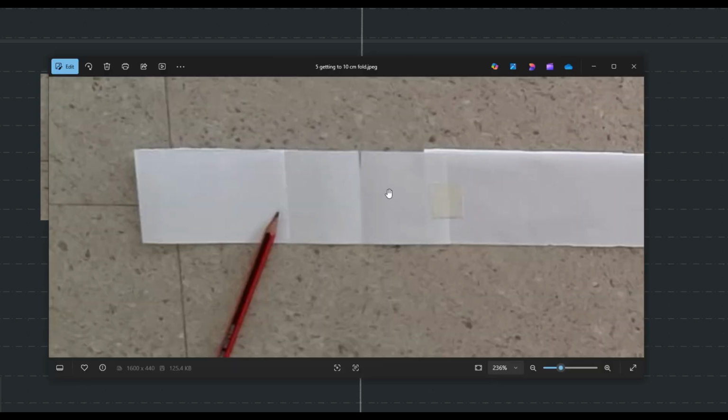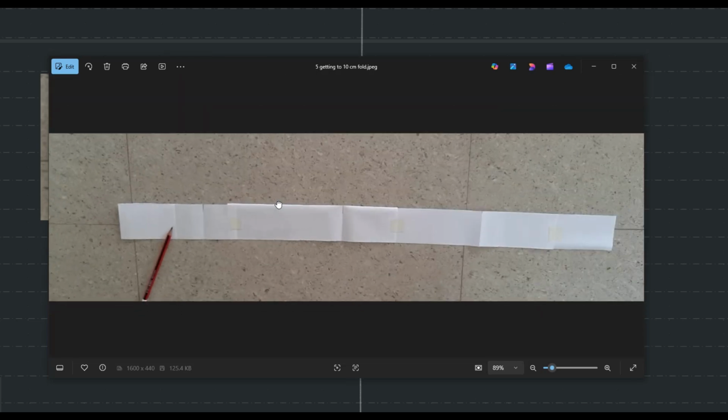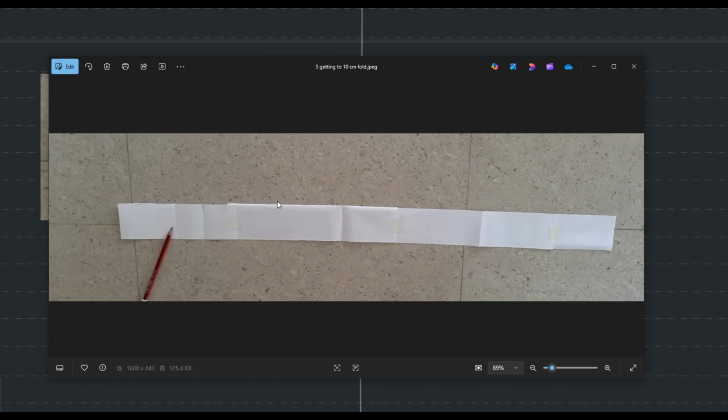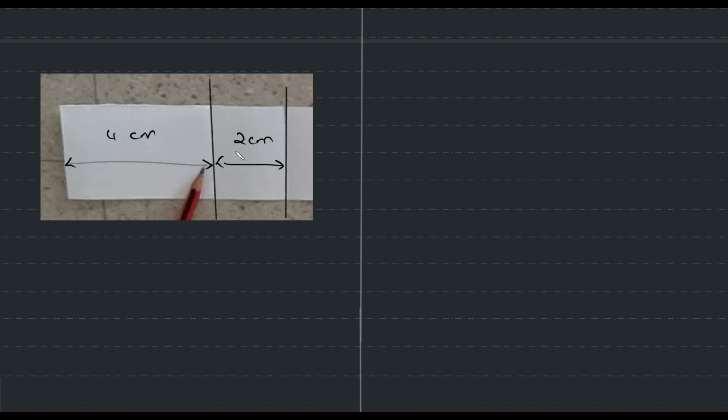Let me show this. This is the original length and you can see the difference, right? Basically I folded in such a way that I almost overlap with the original marking, the original fold, but a bit away.